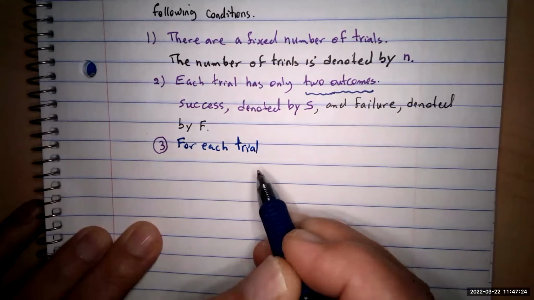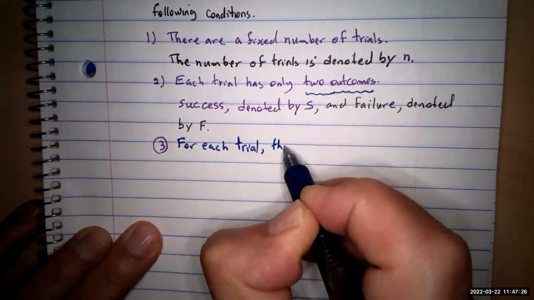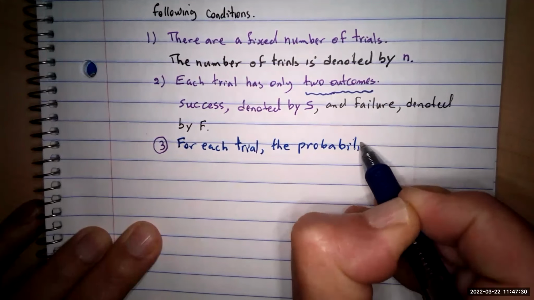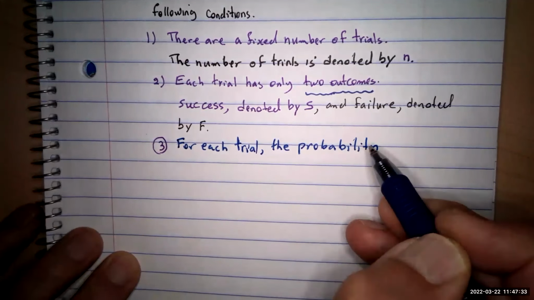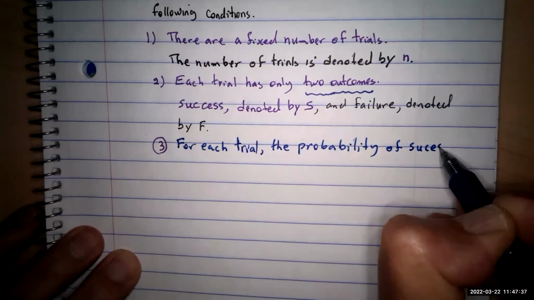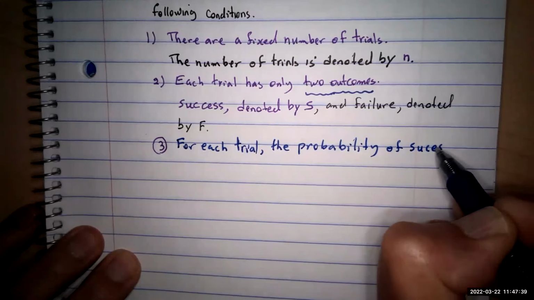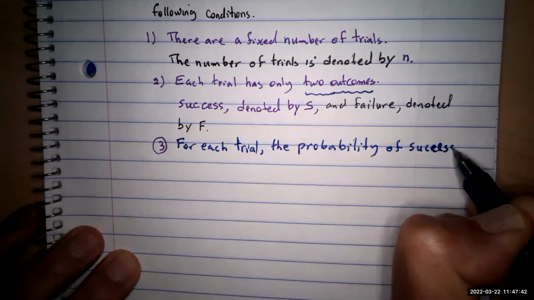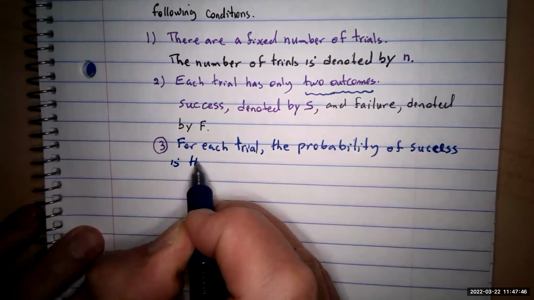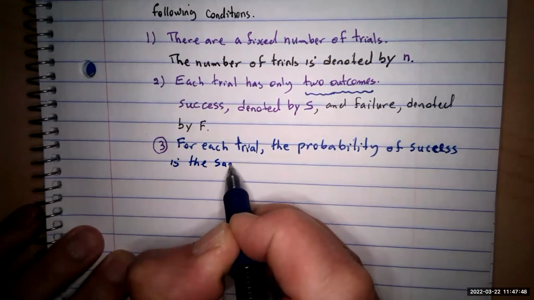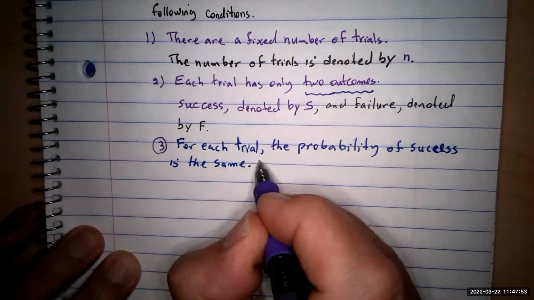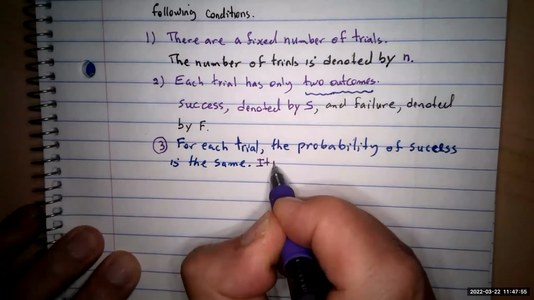So for each trial, the probability of success is going to be the same. This is a fixed notation in statistics, denoted by lowercase p.